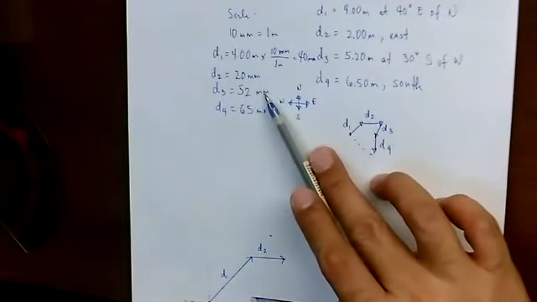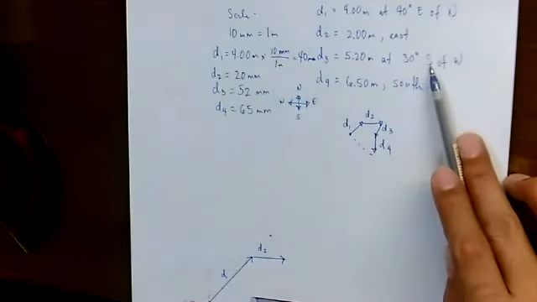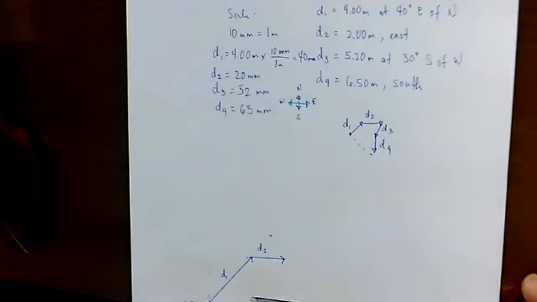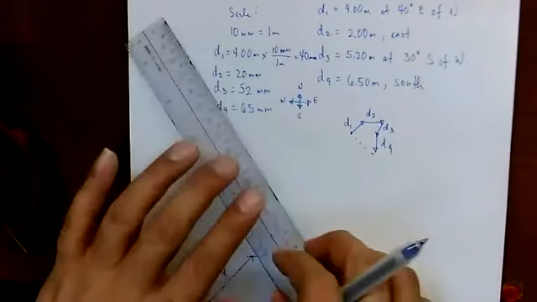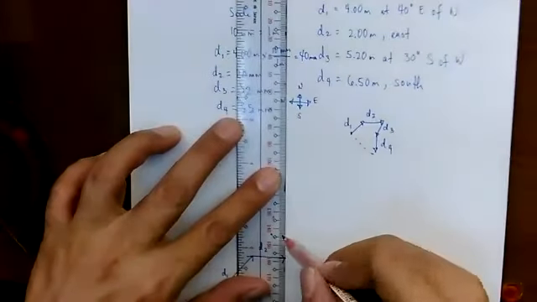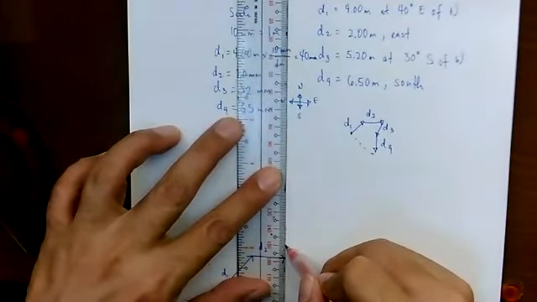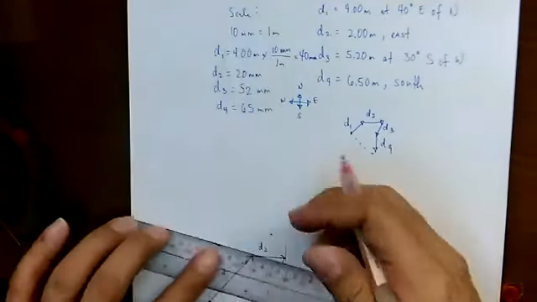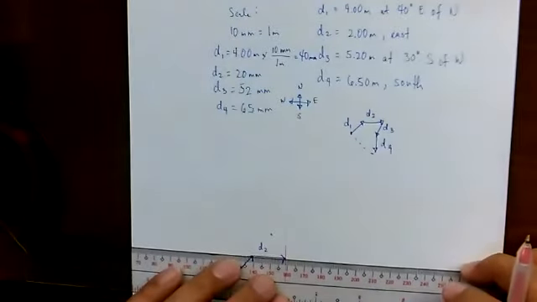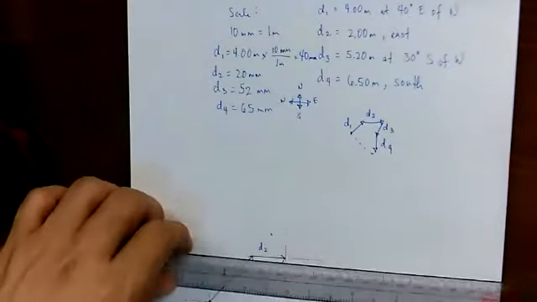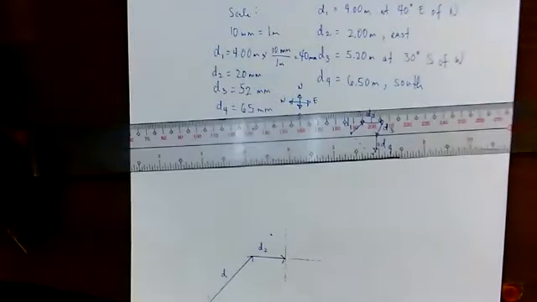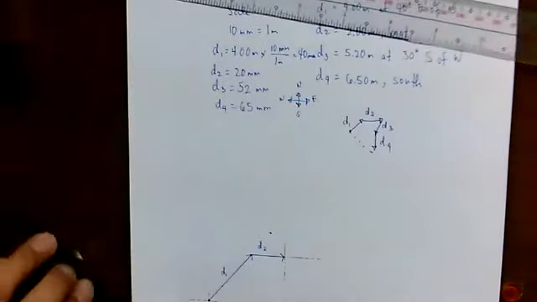Now for the third vector, it says here 52 millimeters at 30 degrees south of west. Again, it's a vector that doesn't lie on the x-axis or y-axis, so we have to draw an imaginary Cartesian plane. Now we get our protractor.